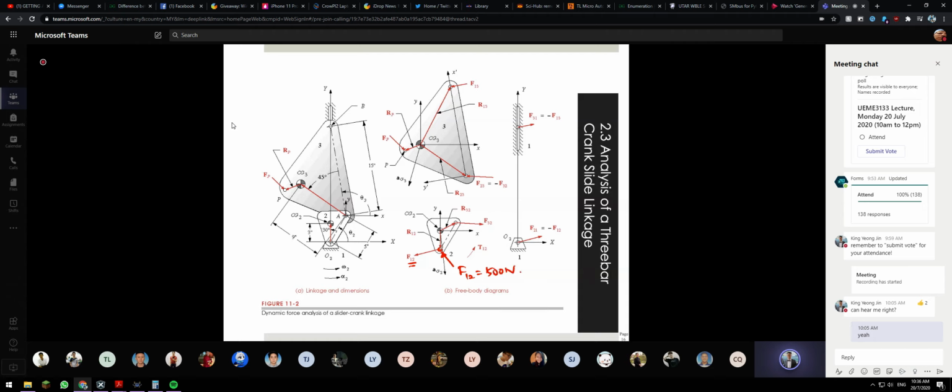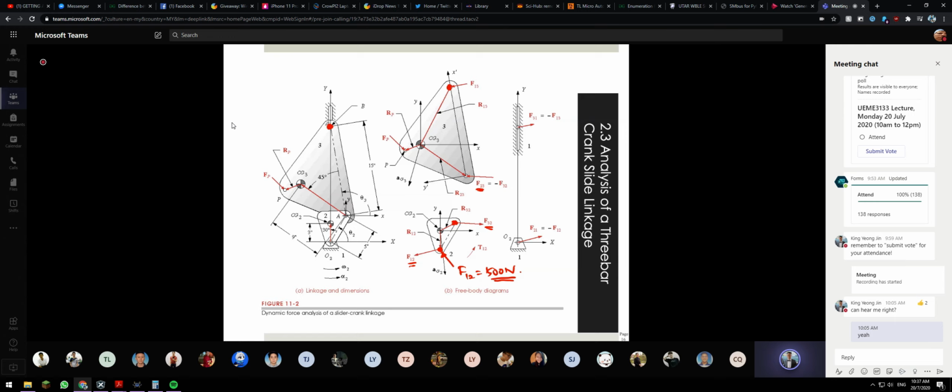So then you can size this pin so that it can take 500 Newton of force. Then you have the F32, which is the same as F23. So you find what is the force here, then you can size the pin correctly. Same as the point here at the sliding pin. Okay, so this is how much force is actually experienced. Then you can size it properly.